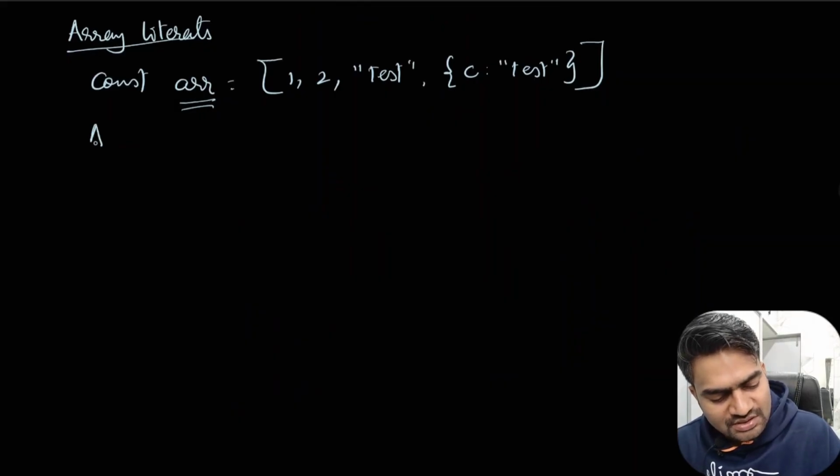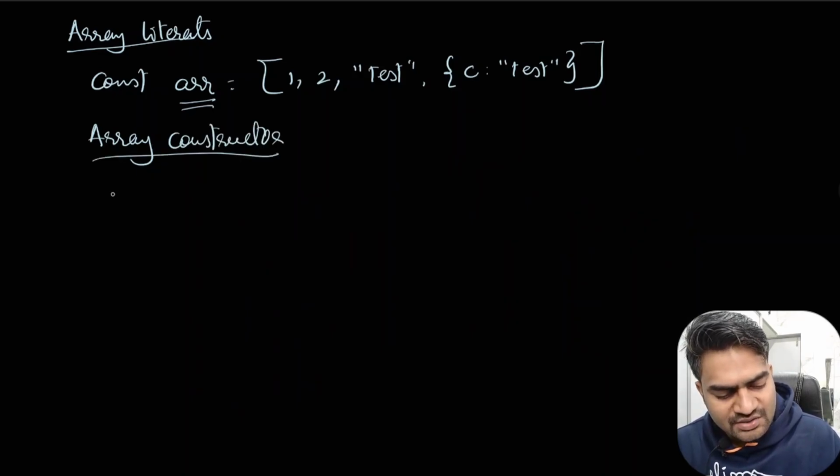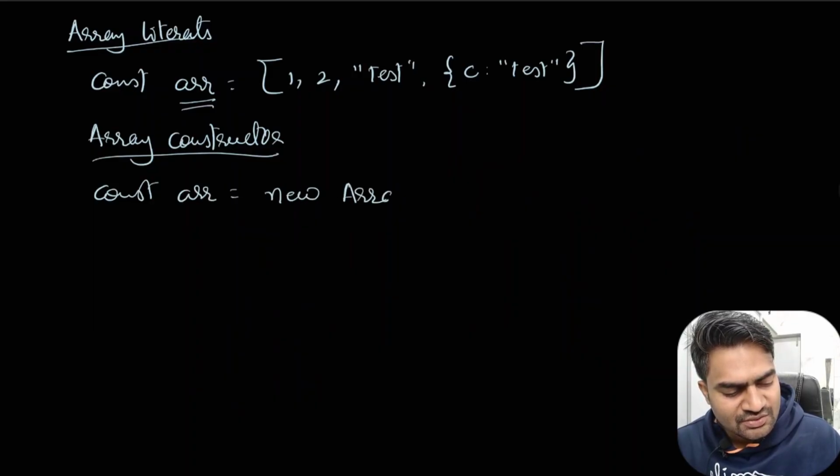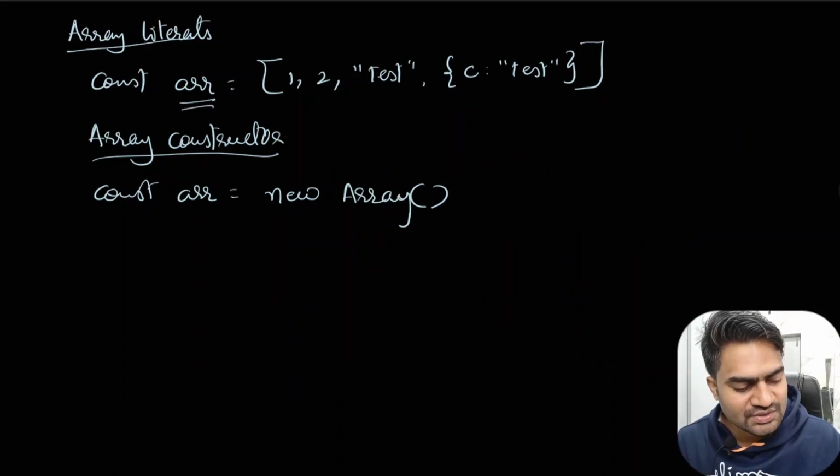There is also one more way, where we use the array constructor. Using this, we can do const array equal to new Array. We can use the new Array keyword to create the array. If we do this, it will create an empty array.